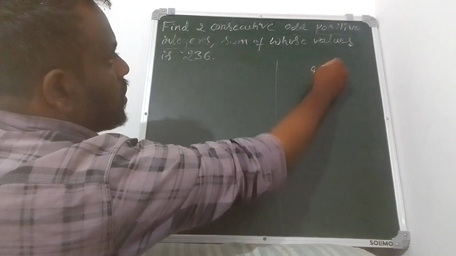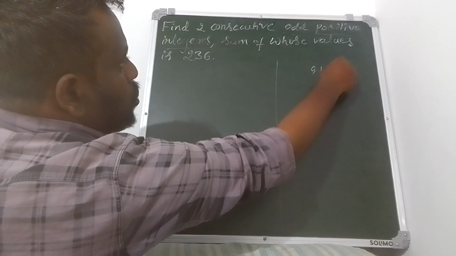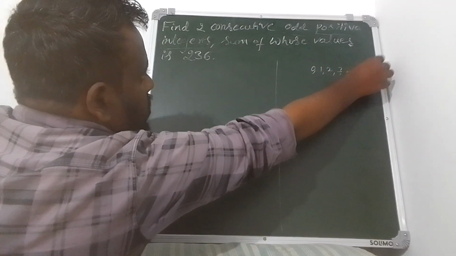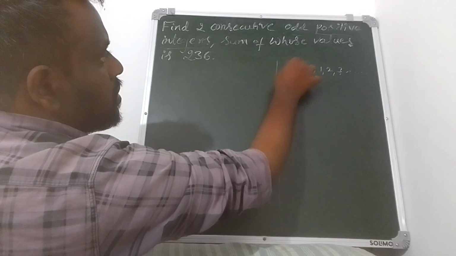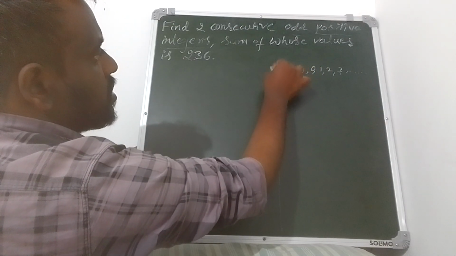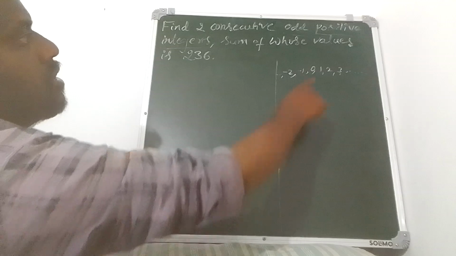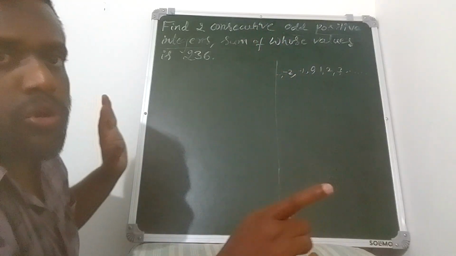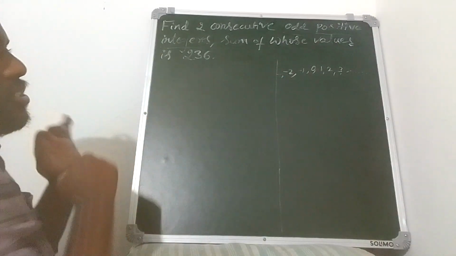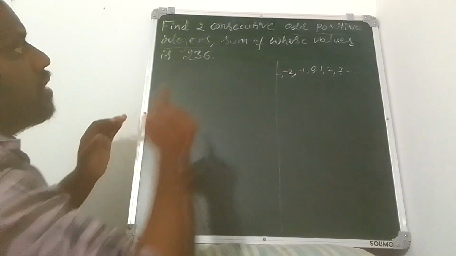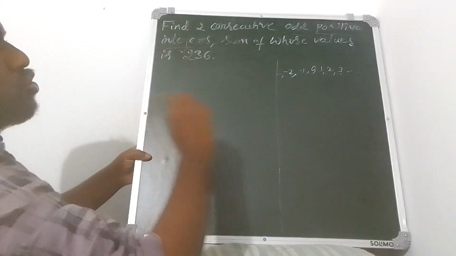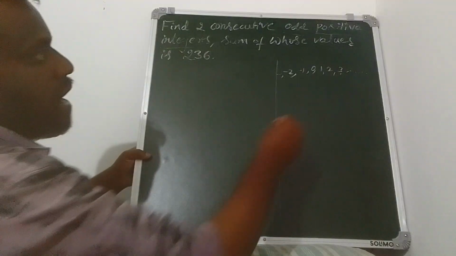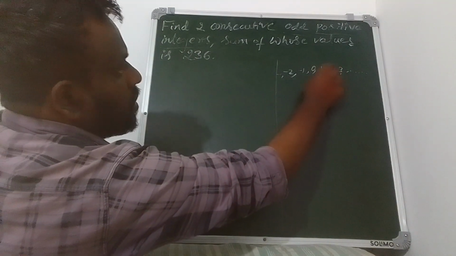First 0, next 1, 2, 3, etc., till infinity, and this side minus 1, minus 2, etc., till minus infinity. So this is the set of integers. They are telling positive integers. Positive means we have to consider this part.